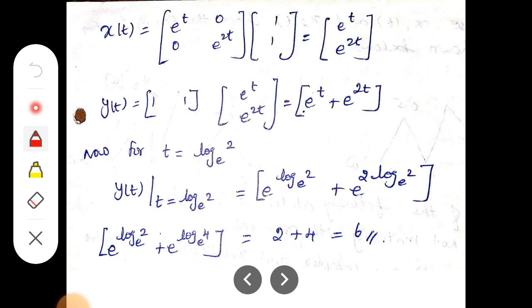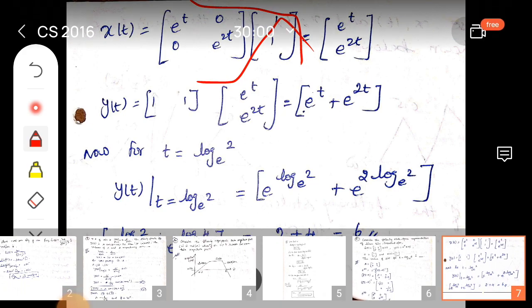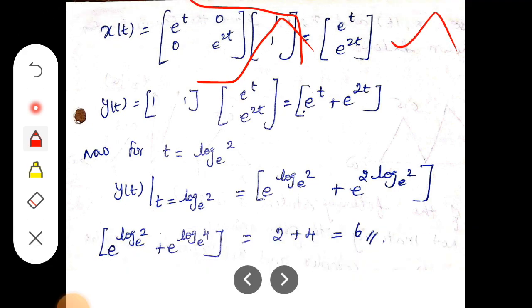Substitute here x naught: e t 0 0 e power 2t times 1 1. Take the matrix multiplication: e of t into 1, e of t 0 into 0 0, then 0 into e of 2. So finally we got e of t, e power 2t.